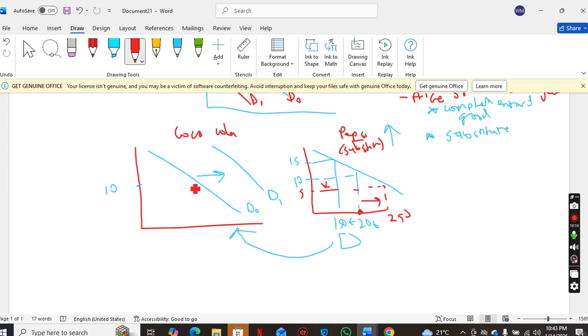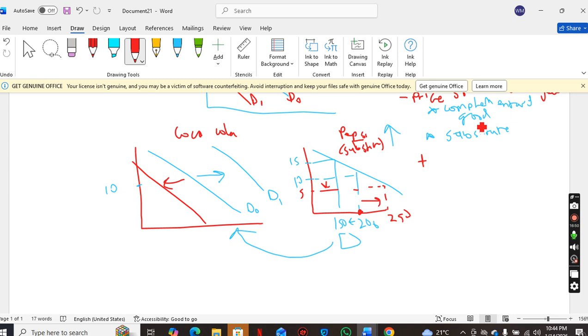So what happens? Demand for Coca-Cola goes down because Pepsi is cheaper. Okay, so for substitute goods, if the price goes up, demand for the other good goes up. That's why when you see in multivariable demand functions, if the price of the other good is positive, just know it's a substitute good, which I will illustrate later.